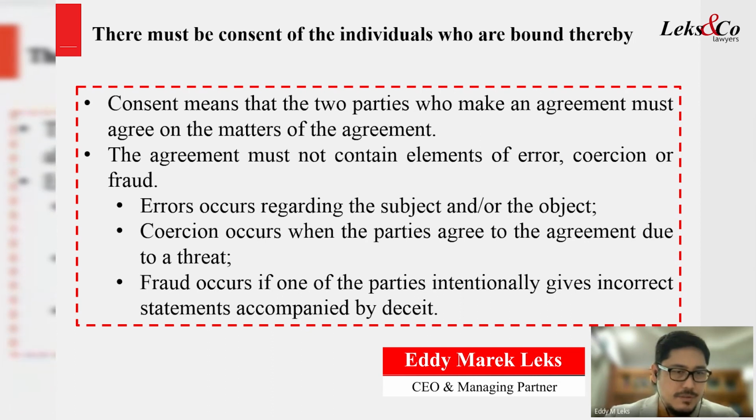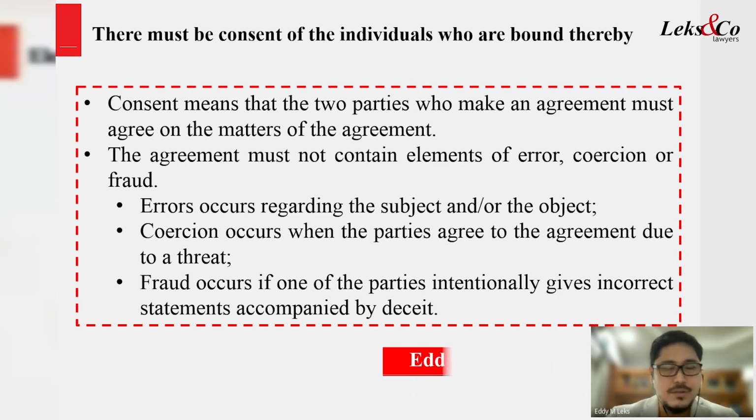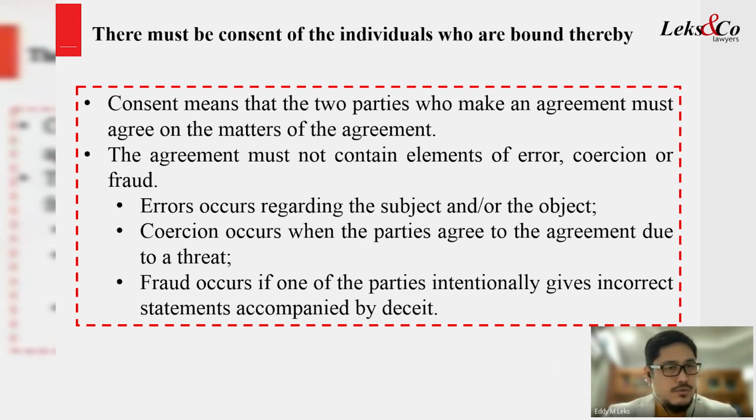So let me see in here. Okay. We don't talk much about it, but you can look in here. So the 1320, that is the basic clause for the validity of the agreement, but the exemptions are stipulated in 1321.